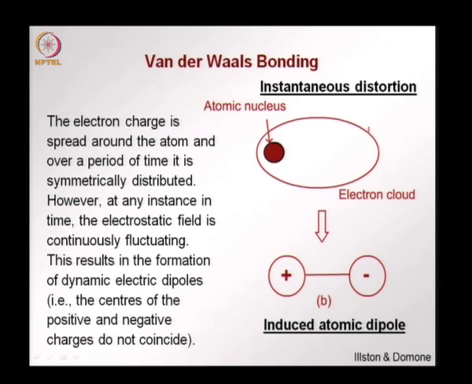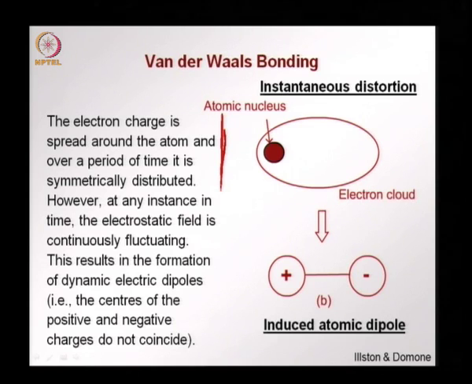So, this we can imagine is occurring at any particular instant of time. This is changing continuously and therefore, it is dynamic. As I have said, the electron charge spread around the atom is symmetrically distributed over a period of time.